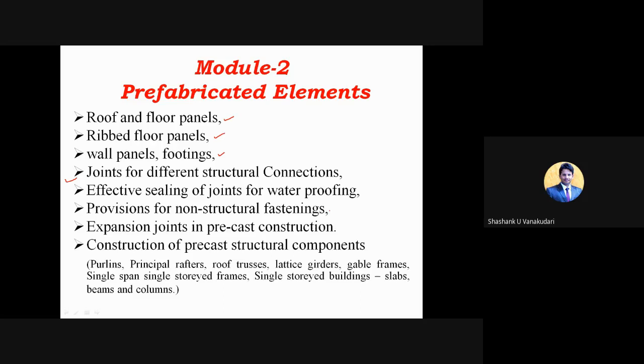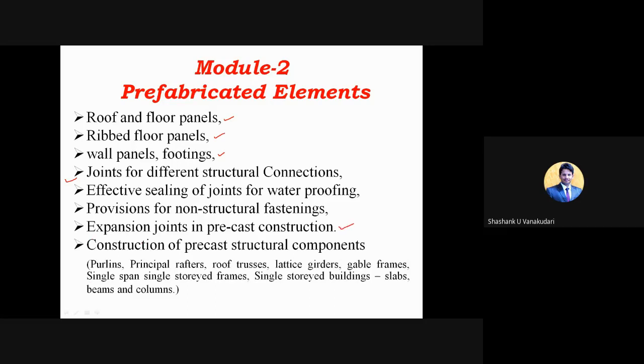Else, if you have not provided any gaps and you have constructed it in the colder time, when summer comes, that concrete may expand a little bit. Then cracks may appear on the structural members, and again it fails in the construction part. So we need to provide certain expansion joints in the precast constructions.